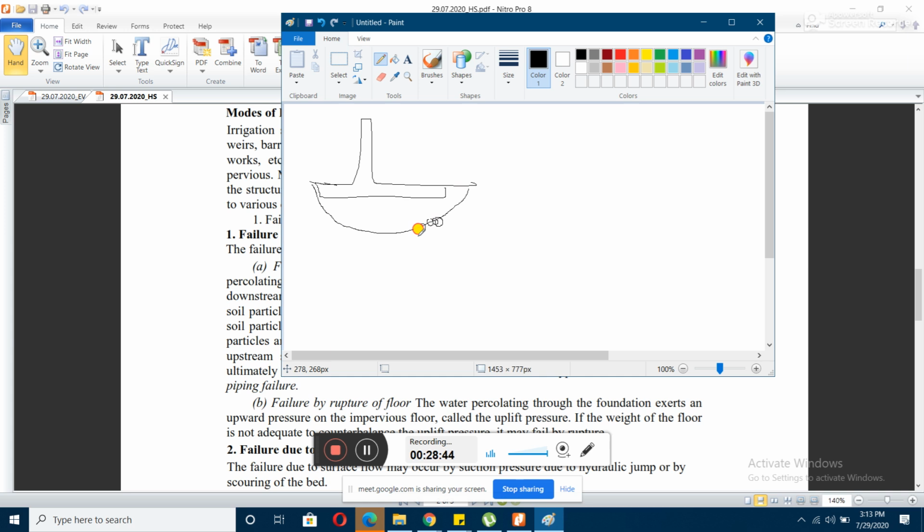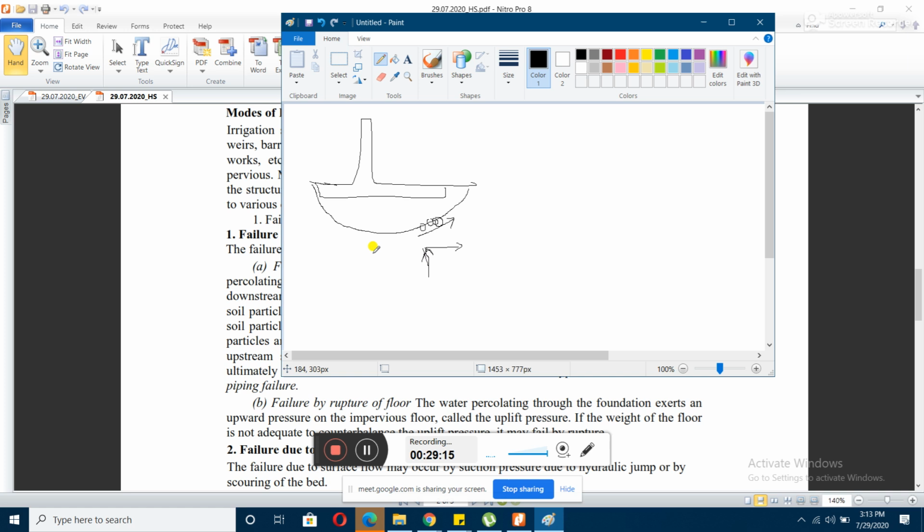So the force on the soil particles here will act tangentially to the curve, right? This tangential force has two components, one is like this, one is like this.